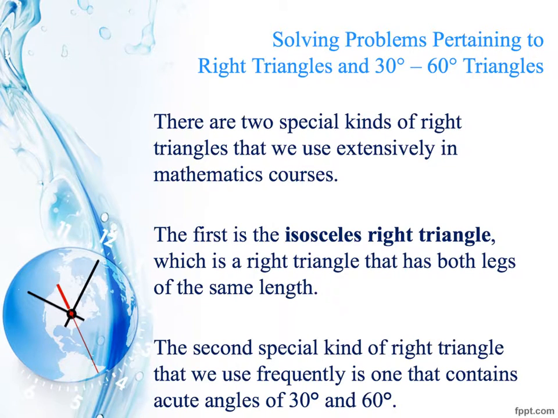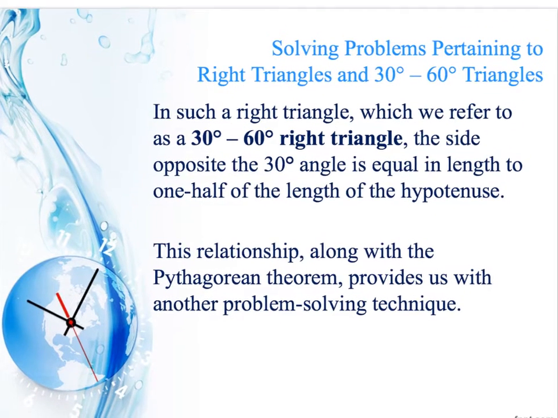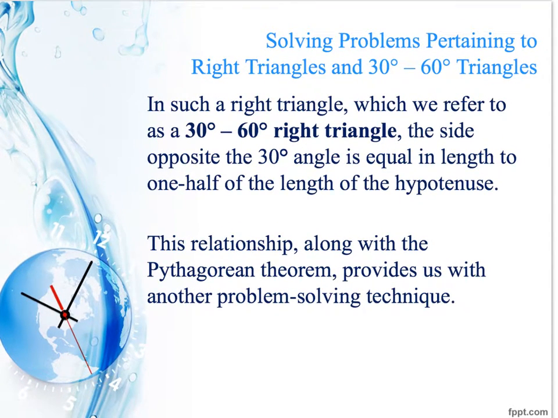Well, in a 30-60-90 triangle, there's a special relationship that exists between the length of the sides. In fact, the hypotenuse will be twice as long as the length of the side that is across from, or opposite, the 30-degree angle.